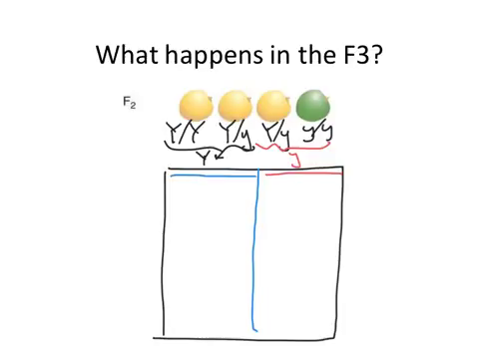If you're homozygote, big Y over big Y, all of your gametes are going to carry big Y. If you're heterozygote, half of your alleles are big Y, half are little y, and half of your gametes have big Y alleles, and half of your gametes have little y alleles. So between the individual genotype and the gametes they produce, there is no change in allele frequency. So within a generation, going from an actual organism to the gametes it produces, allele frequencies stay the same. That's Mendel's first law.